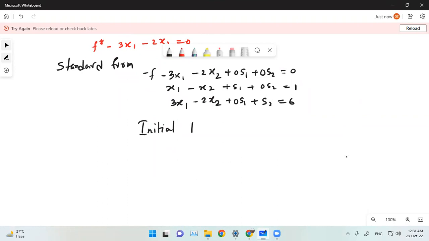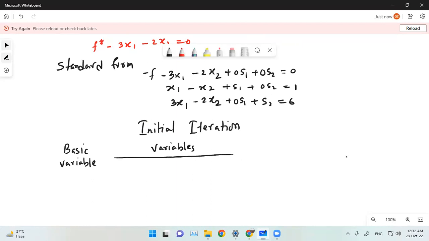We have the basic variables, then all variables, in this particular case x1, x2, s1, s2.